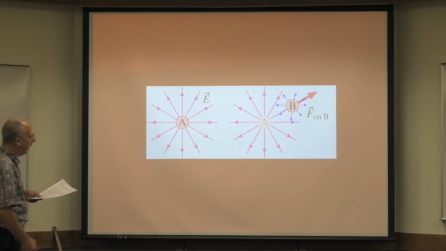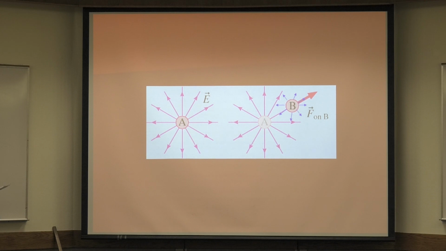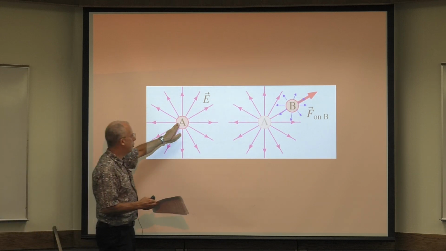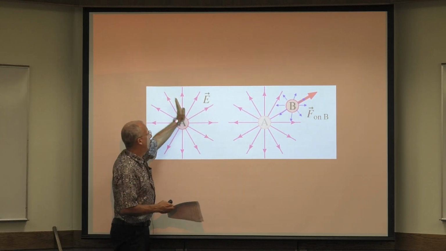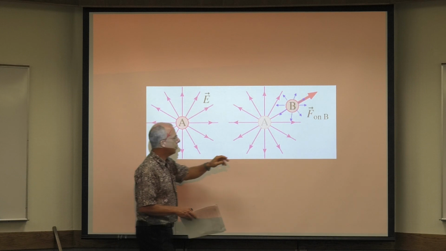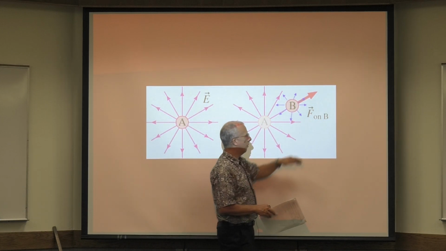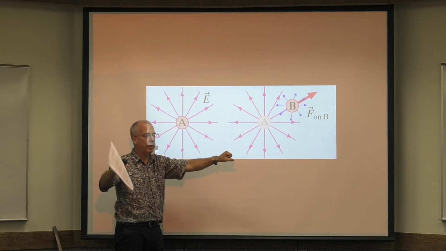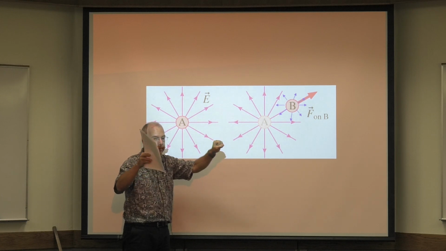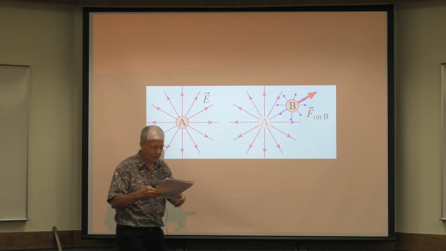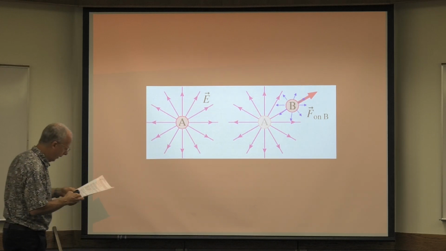So what we're saying is that charges, we'll do magnetism later, interact with each other via the electric field. Here's a charge A, and it creates an electric field. Here's a charge B, it creates an electric field. When you have A near B, the electric fields interact. And we'll talk more about that, don't worry.